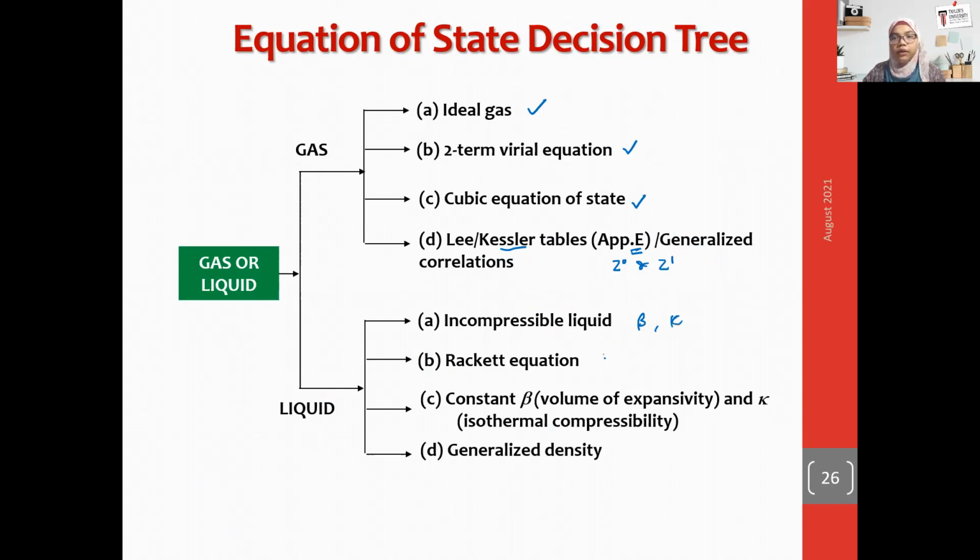And we can use the Rackett equation, where we need to define the critical volume and the critical Z here. I already mentioned this constant beta and also kappa, based on the volume expansivity and isothermal compressibility. And last is the generalized equation using the Rackett equation.